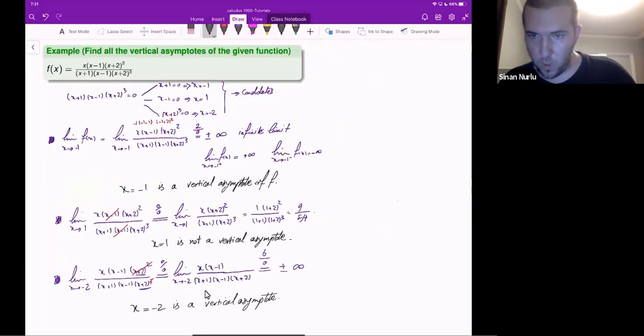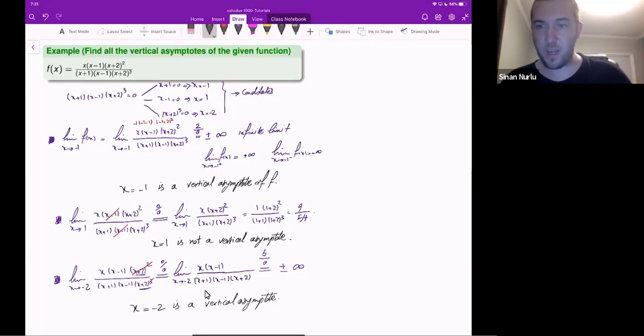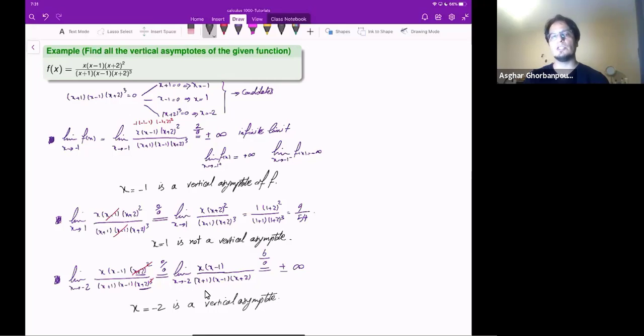Yeah, so one question is, are we canceling the factors one at a time specifically to test for vertical asymptotes that you can already predict may be asymptotes? Are we just canceling the factors one at a time specifically to test for vertical asymptotes? Okay, so there are 2 things.